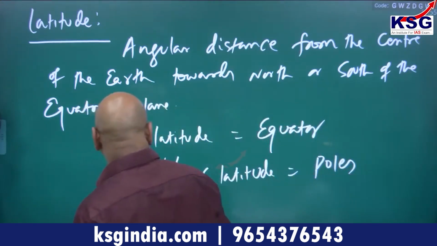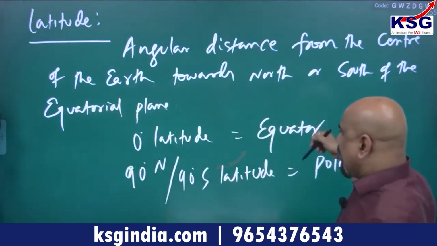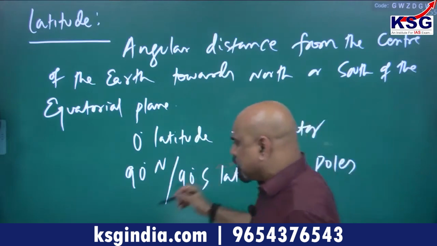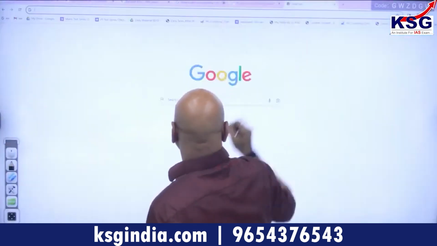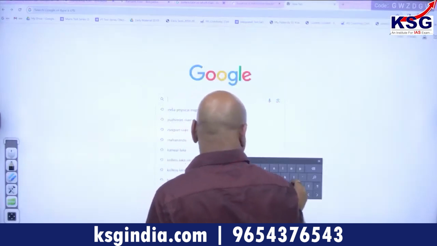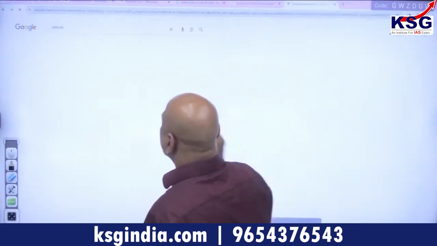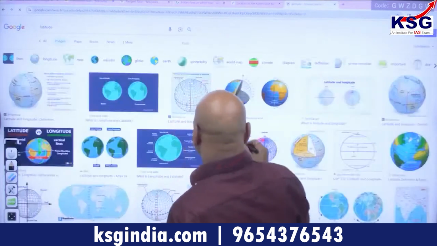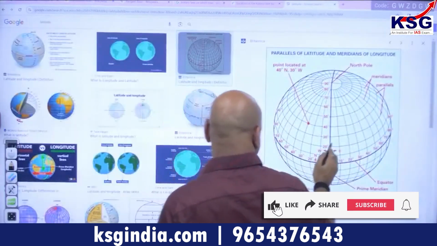You can see these things like, as I have just mentioned, latitude are angular distance from the center of the earth towards north or south of the equatorial plane, I said latitude. So, if I will say about this latitude images, if I will draw this, let us say this one here, latitude and longitude.